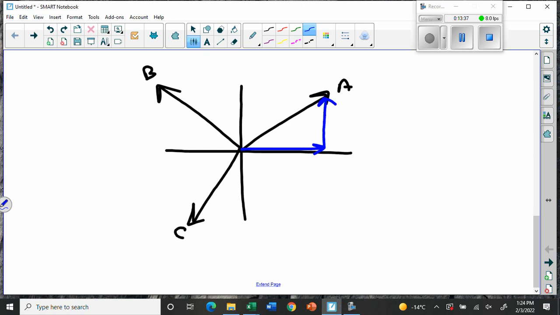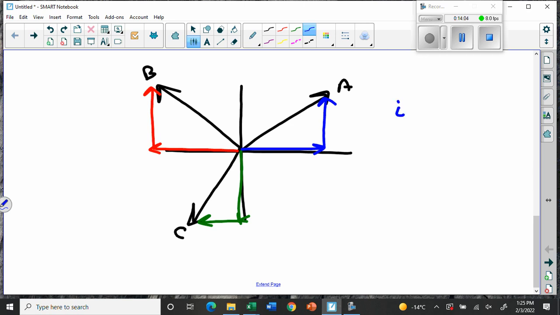We took the components of A, B, and C, and added them up. We added all the AX's, BX's, CX's with all the AY's, BY's and CY's.